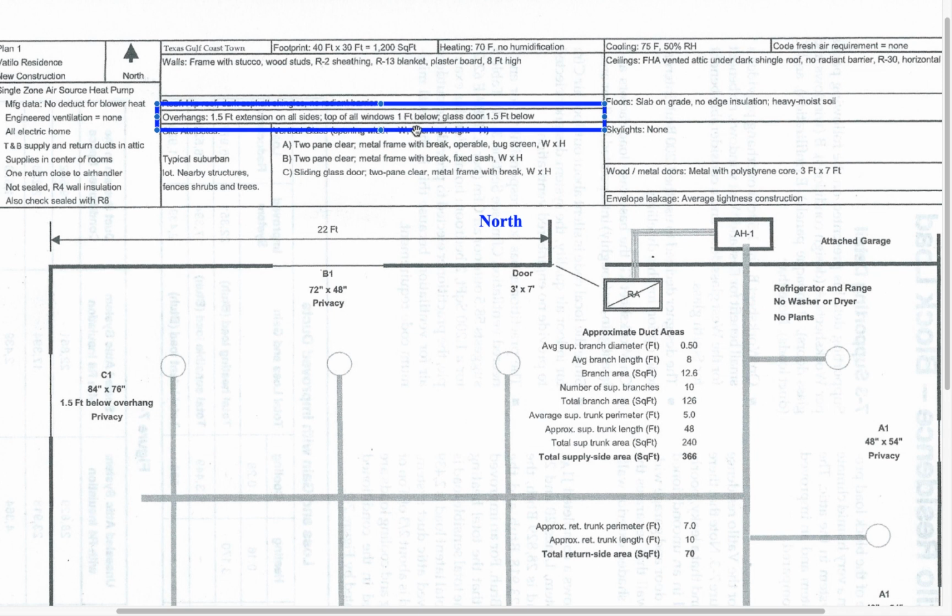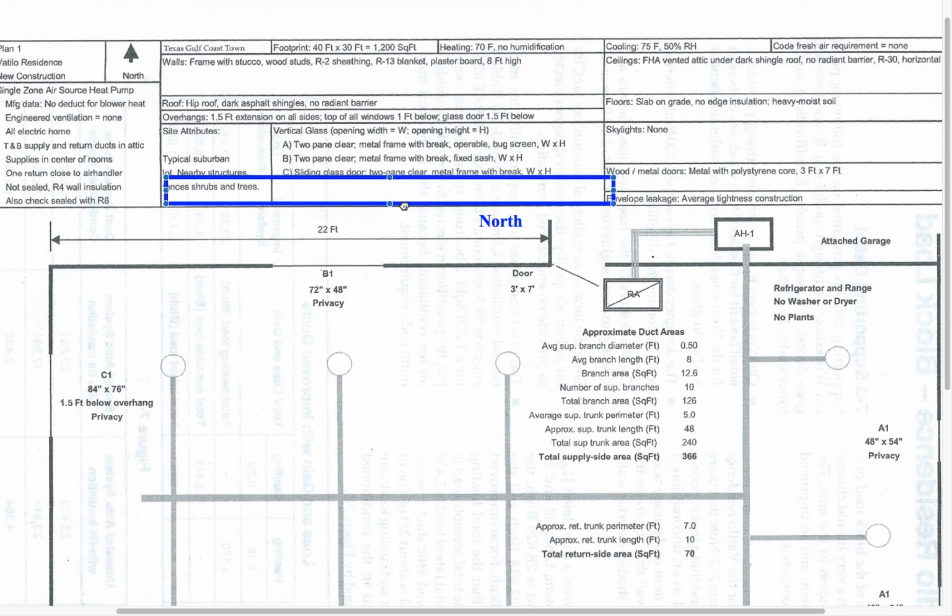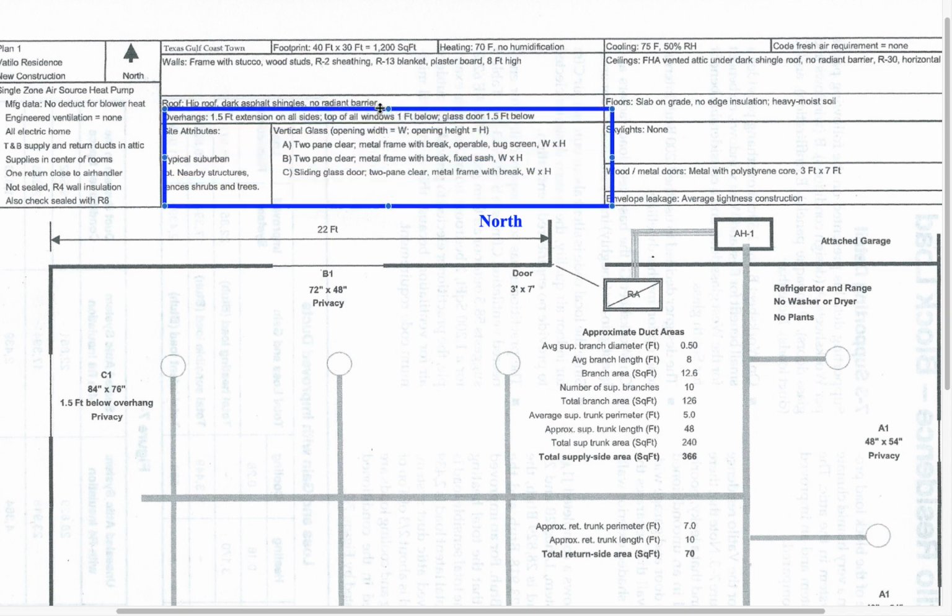Top of the windows is just 1 foot below. So if we went to the top of the eave of the house and measured 1 foot down, that's where the start of our window would begin. Glass doors, which is over here on this side, we got a sliding glass door, is 1.5 foot. So those will be important numbers to remember. But all your information is basically going to come right out of this area right here.